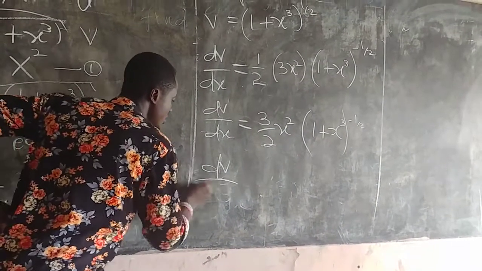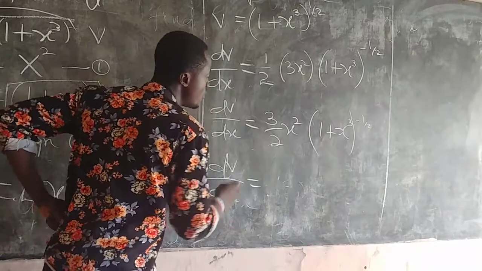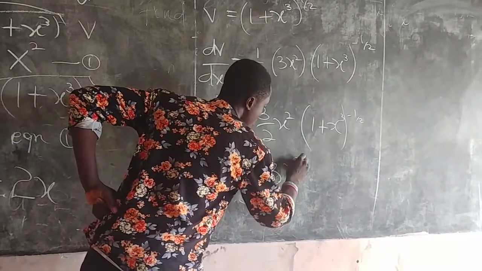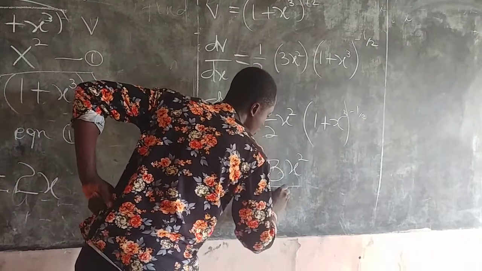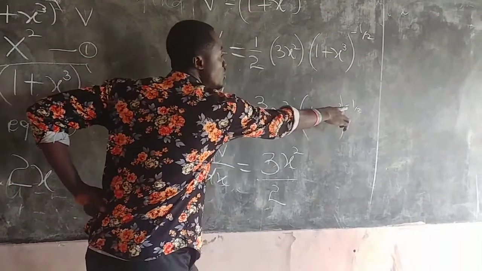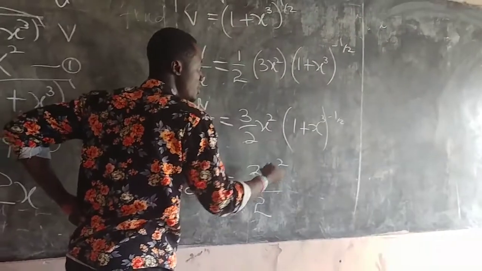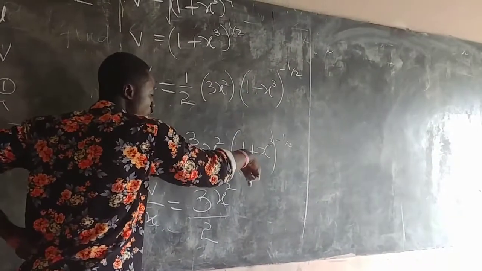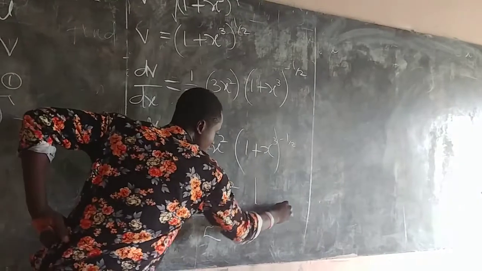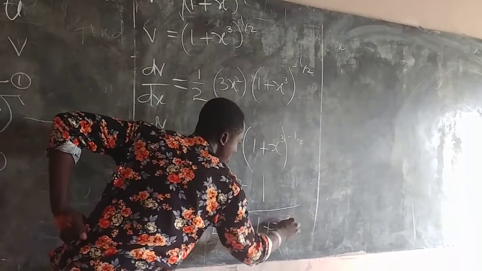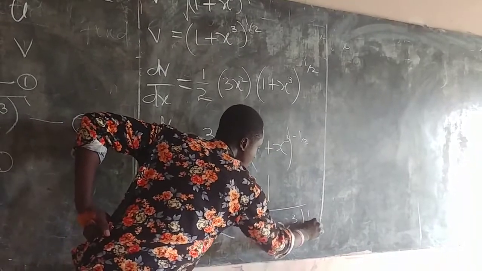dv/dx will be equal to 3x squared all over 2. We want to get rid of the negative exponent of this term. So it's going to be 1 over the whole of 1 plus x cubed exponent 1 over 2.